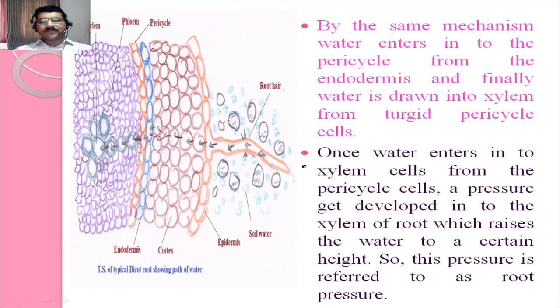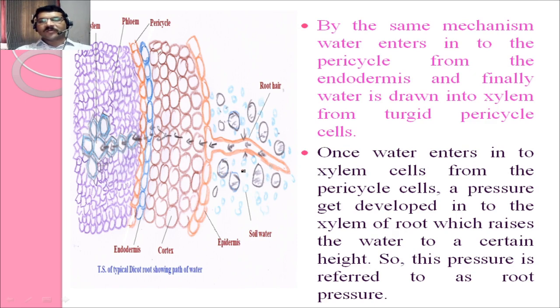See here, this is our root, and it contains root hair cells. Now the concentration, or the osmotic pressure, DPD and suction pressure, of these root hair cells is higher than that of the water molecules present in the soil.